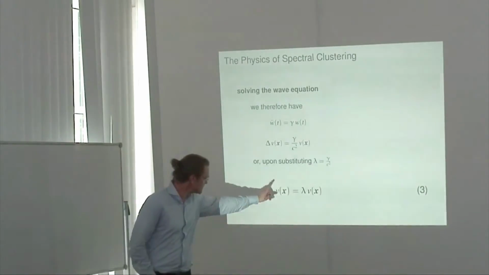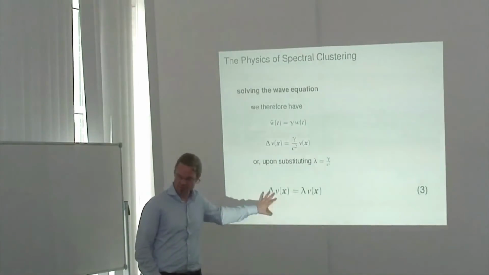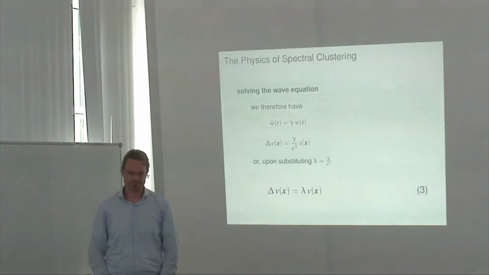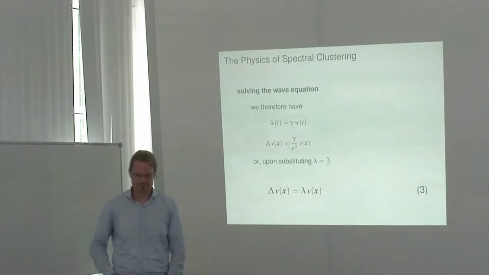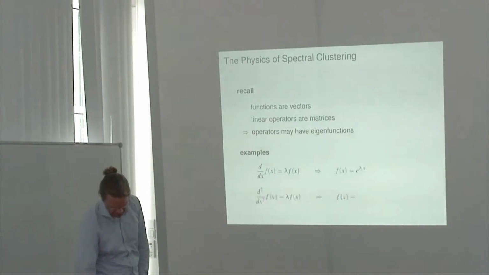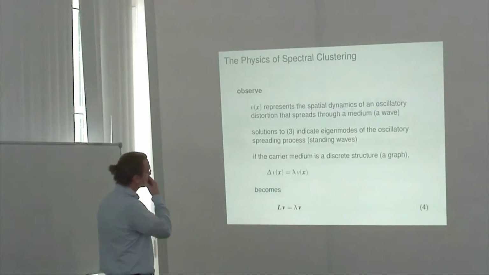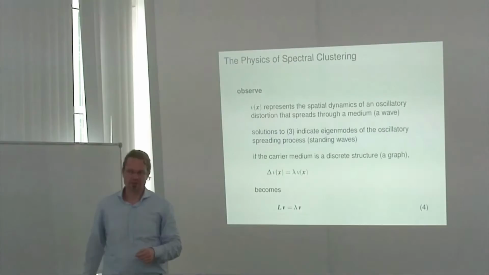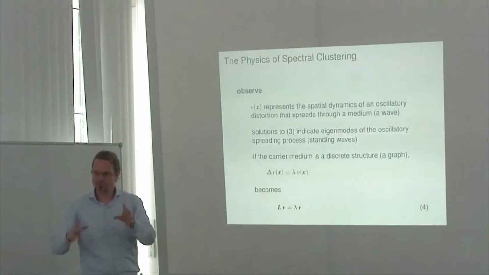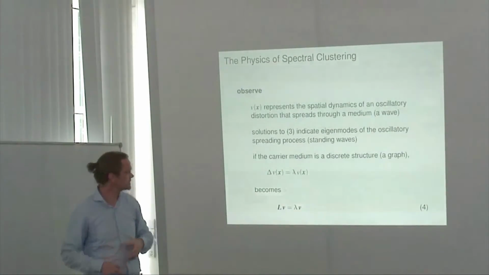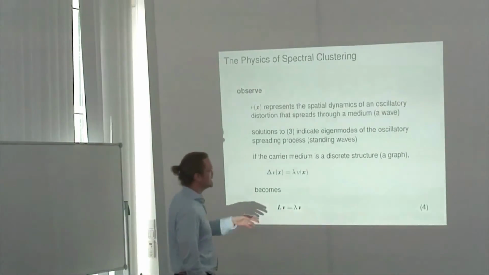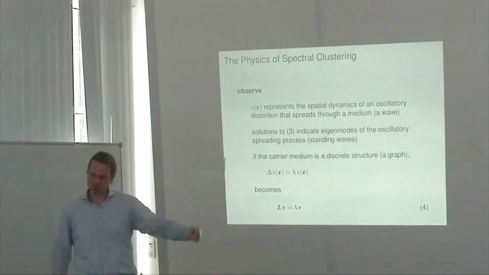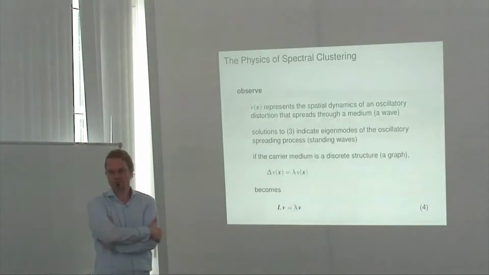Those particular functions v of x for which this holds are called standing waves. We've seen them, right? So if we can solve this equation 3, that is, if we can find a function v of x that is an eigenfunction of the Laplace operator, then that would indicate an eigenmode. This is another fancy term for this oscillatory spreading process, but these eigenmodes are also called standing waves.